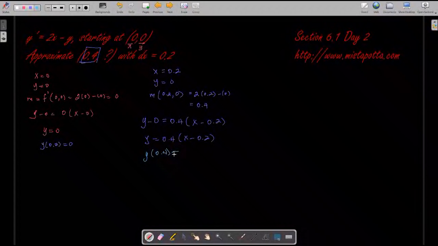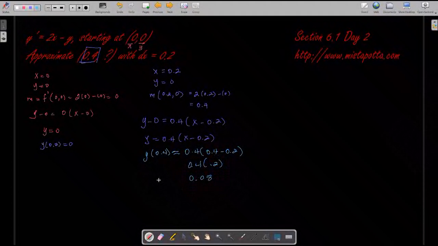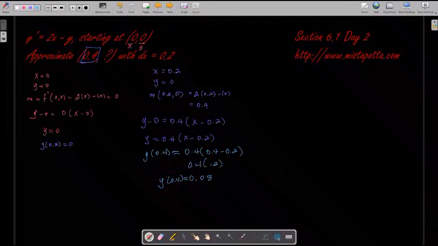So this should be approximately equal to 0.4 times x minus 0.2, or 0.4 times 0.2, which would be 0.08. So y of 0.4 is approximately equal to 0.08.